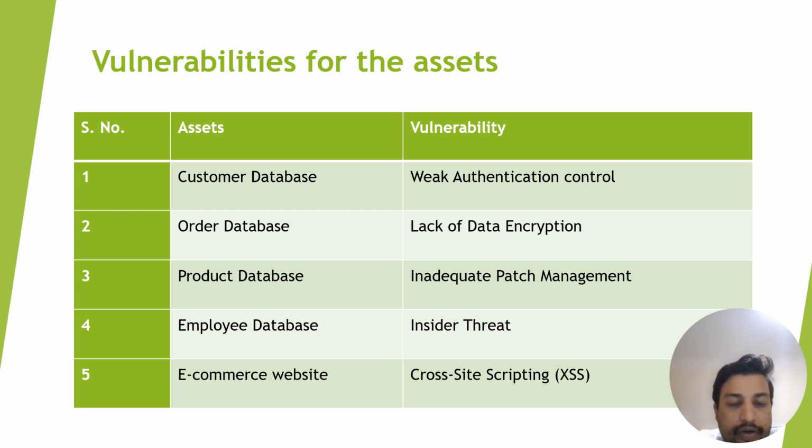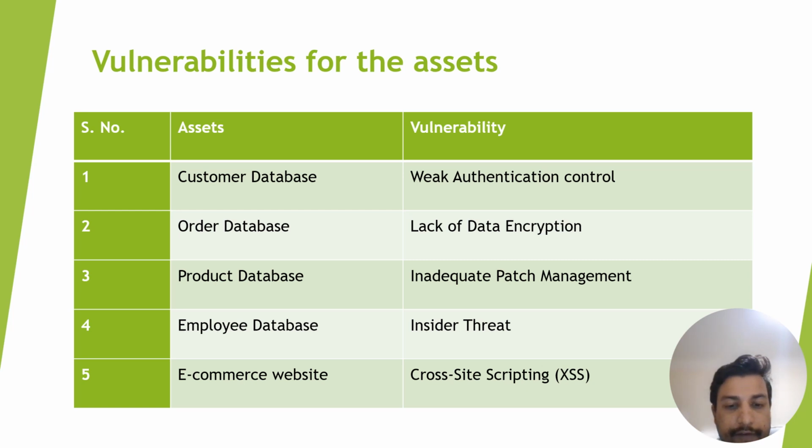On the order database, the vulnerability can be lack of data encryption. This database may lack proper data encryption during transmission, and without encryption the sensitive data may be compromised, so it can increase the data breach risk and information theft. On the product database, the vulnerability is inadequate patch management.